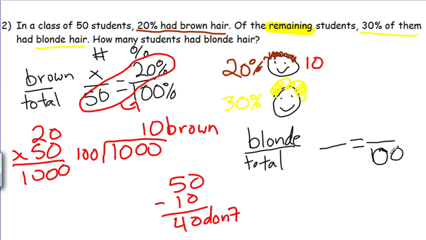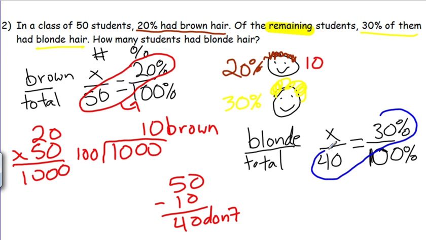This time we have 30 on top. Our total number of kids here is 40. And the number blonde, we're not sure of just yet. So again, we can cross multiply. We can say 30 times 40.